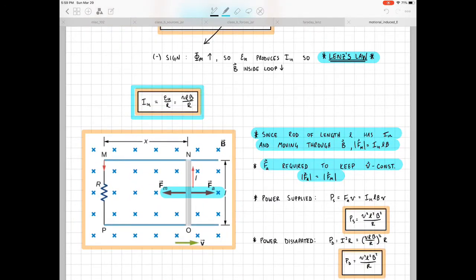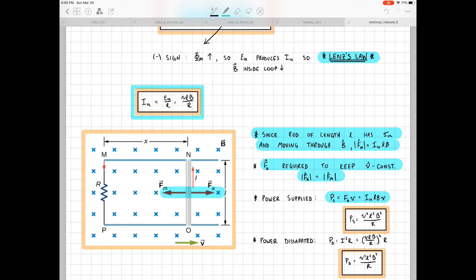And so we can talk about the power that's supplied to this circuit, to this loop, as it's moving through the B field, or as this rod is moving. That power supplied comes from the force that's being applied, and that's this expression right here: the force applied multiplied by the speed at which the rod is moving.